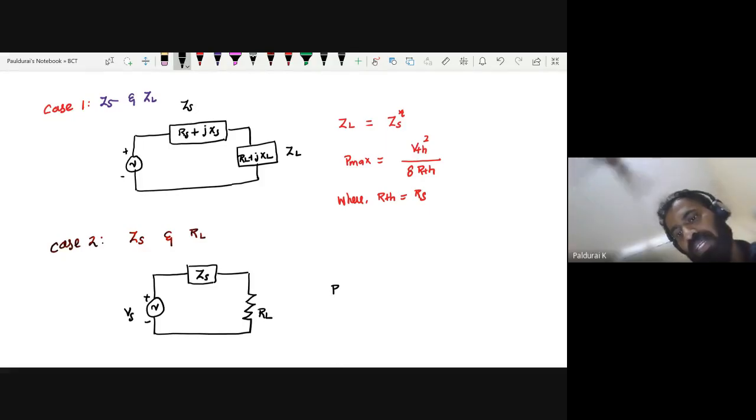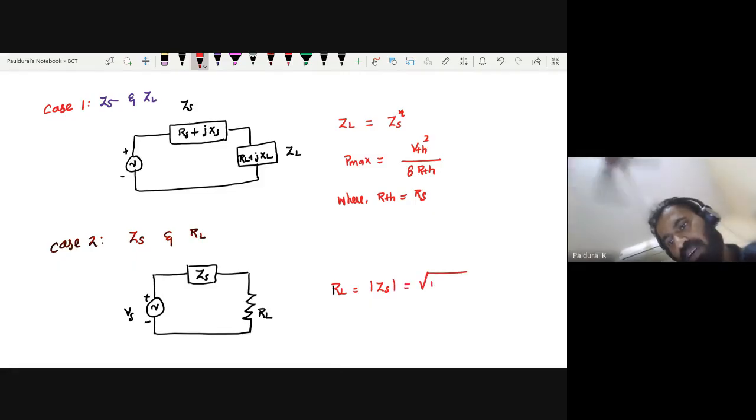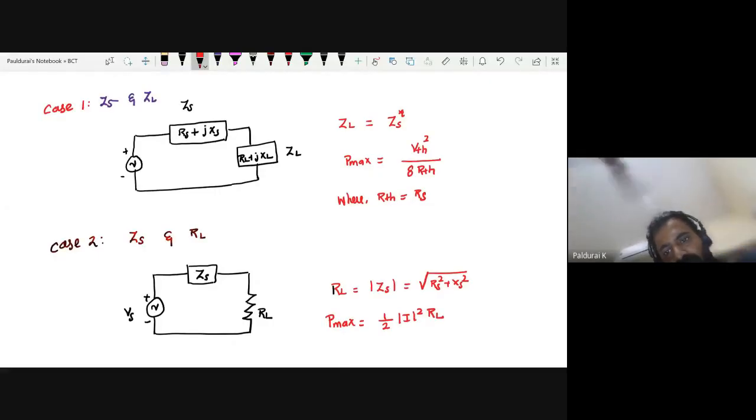Now, what is the condition for RL for maximum power transfer? RL equals mod of ZS, nothing but the square root of RS squared plus XS squared, and the maximum power is given by half times magnitude of I squared times RL.